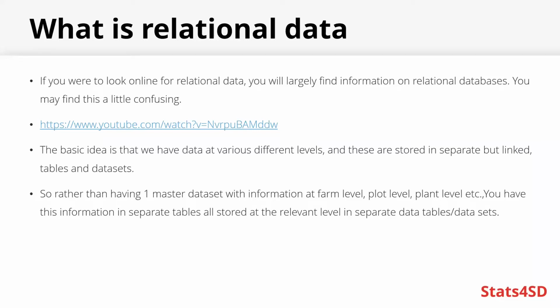When it comes to relational data, rather than just simply switching that into a long format, we're also pulling out that plot information and putting it into its own separate table, but through these variables that we refer to as keys, which I'll explore a little bit more on the next slide, we can link these tables together.